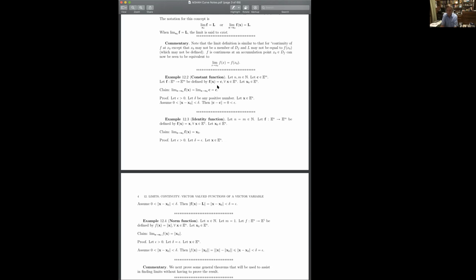When I pick the delta, I'm going to assume that this thing right here is less than that. So when I get over here, this will equal that, and that will be less than that. And what I need to do is get this thing less than epsilon. What I do get is this thing is less than delta, but if I pick delta to be epsilon, I've done what I said.